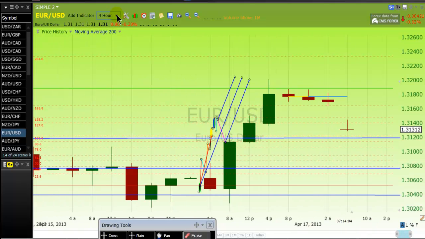Now, moving on with a fractal pattern. A fractal pattern is a pattern that can copy itself and paste itself on another time frame. For instance, you may see a double top on the weekly chart. That double top may copy itself and paste itself on the hourly chart.